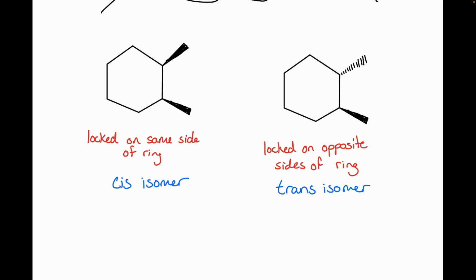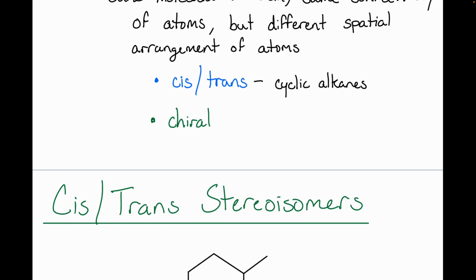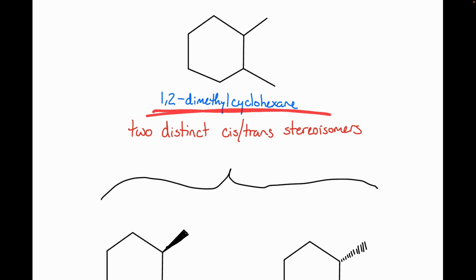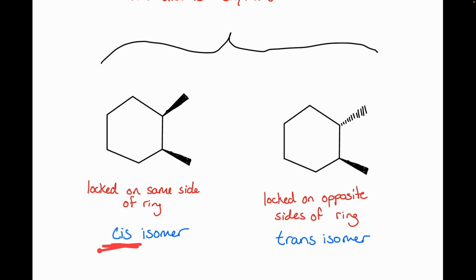All right. So we can note here, both of these would be considered 1,2-dimethylcyclohexanes. So if I'm going to distinguish between which specific stereoisomer I have, I'm going to build that stereochemistry into the name. All right?